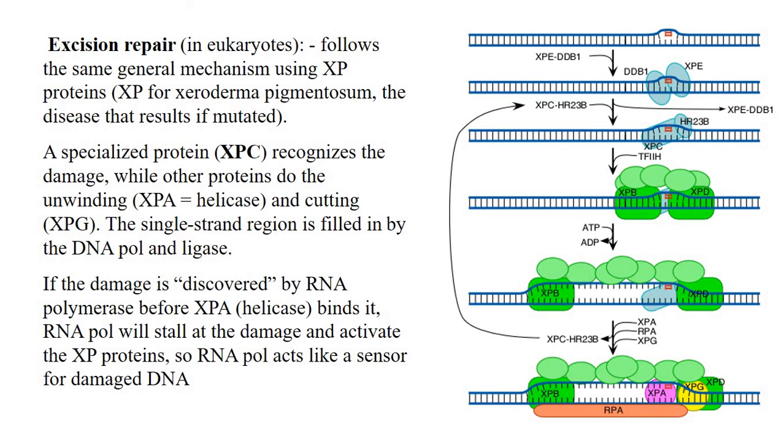So we talked about excision repair in prokaryotes. Now, how excision repair works in eukaryotes. The general mechanism is quite similar in both eukaryotes and prokaryotes. The proteins used in eukaryotes are called XP proteins, and XP stands for xeroderma pigmentosum, because that's the disease that happens when they are mutated.